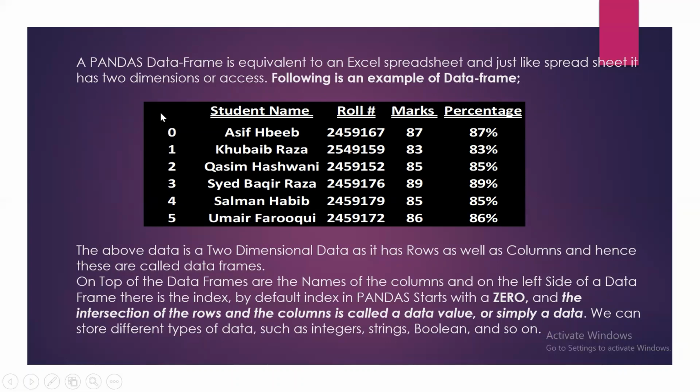Another thing is that Pandas is based on zero-based indexing. So in Pandas, the index begins with 0. Here we can see that the index number of the first student is 0, and thereafter it's 1, 2, 3, and so on. Because Pandas is based on zero-based indexing, the index starts with 0.